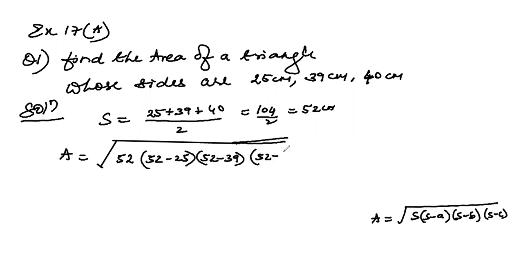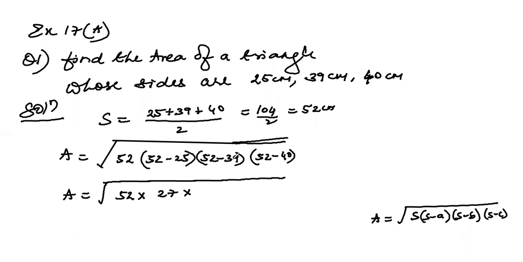So when you simplify, the area is equal to root of 52 into 27, into 52 minus 39 is 13, children, and this is 12.